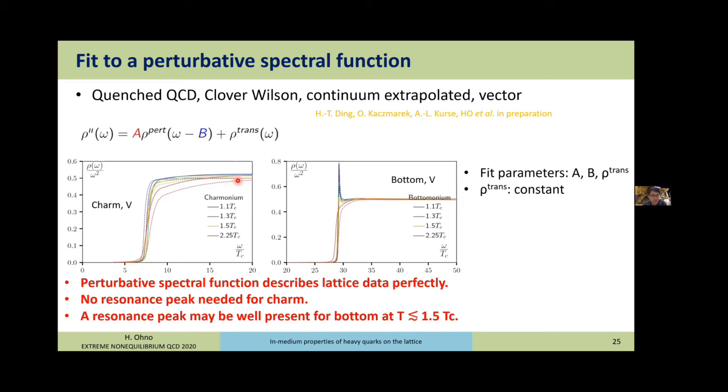That means for the charmonium case, one cannot see any peak structure here. But on the other hand, for bottom, one can see some peak structure at least up to 1.5 Tc. That means no peak structure is necessary to describe our lattice data for charm. But such a peak structure might be needed for bottom.